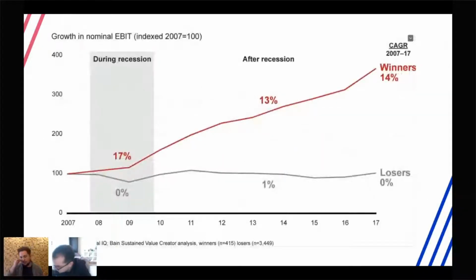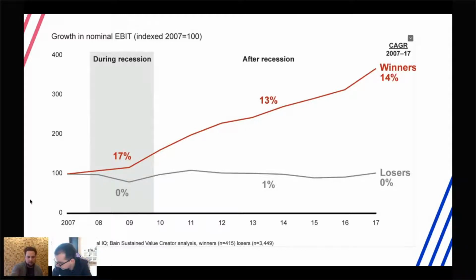But actually, it's also an opportunity for all of us, because the situation after the recession 10 or 12 years ago also created an opportunity for the current winners.